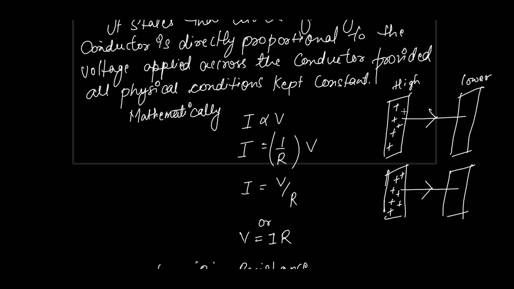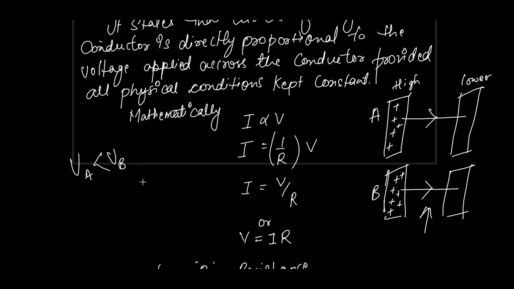If you compare the potential of these two plates A and B, then VA will be lesser than VB, because there is a smaller number of charges in plate A as compared to plate B. So the current in this case will be greater according to Ohm's law. The more potential difference you give, the more the current is going to increase in the circuit, or across the conductor.